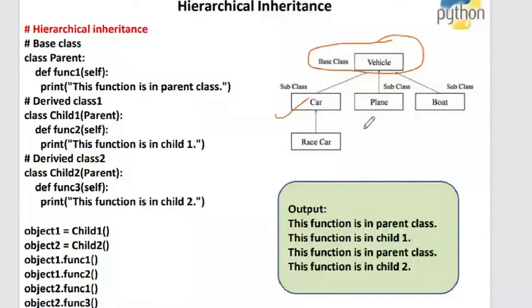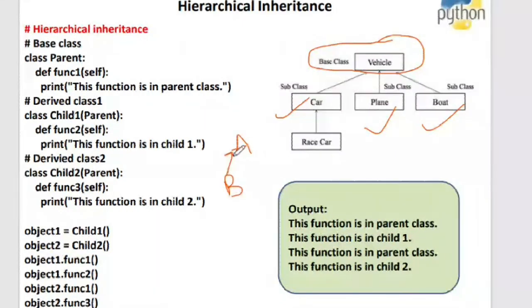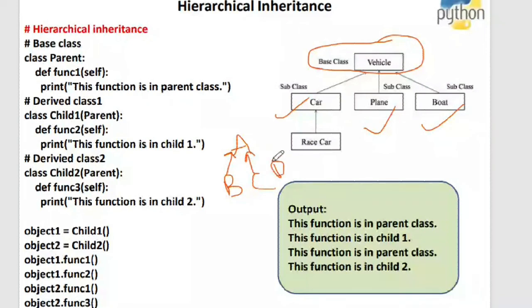So there can be many derived classes from one class. Say I have a class A, and B can inherit the properties of A. C also can inherit the properties of A, and D also can inherit the properties of A. So this is a hierarchical structure.